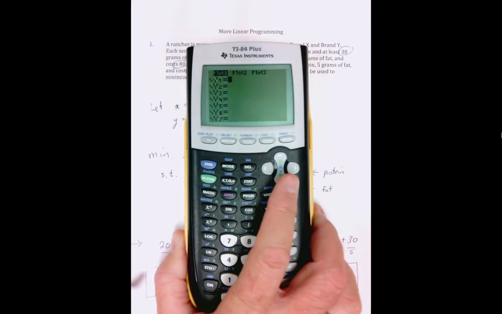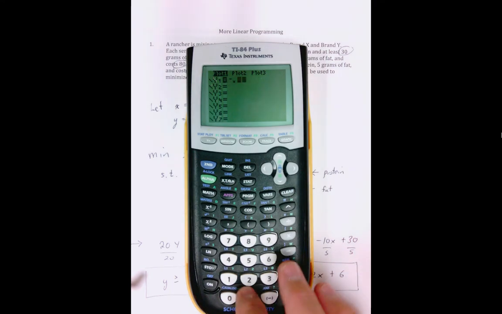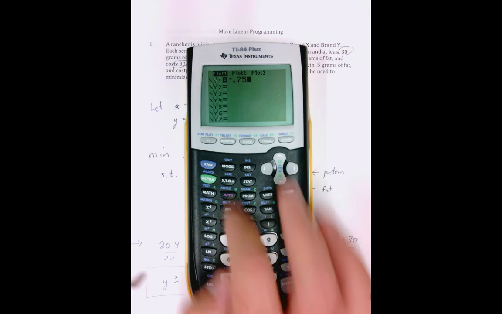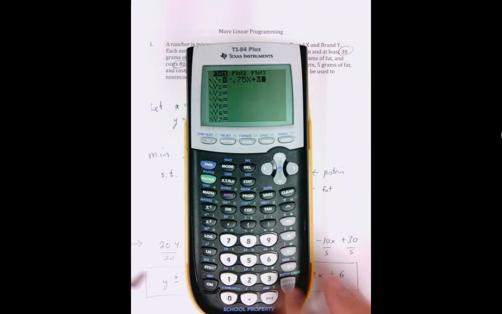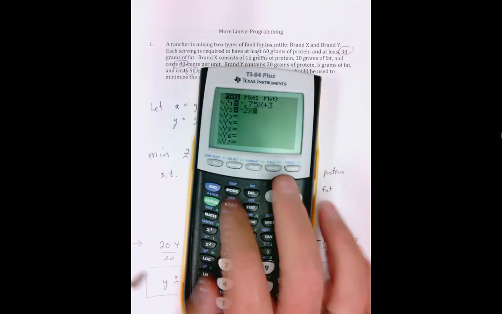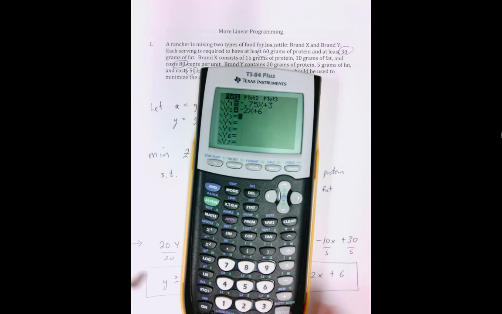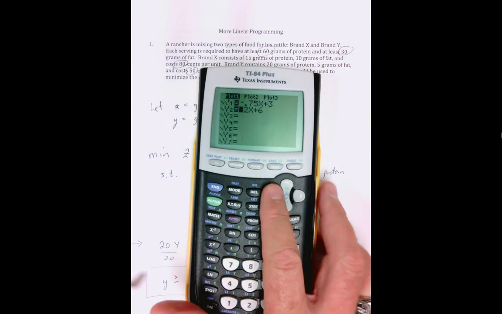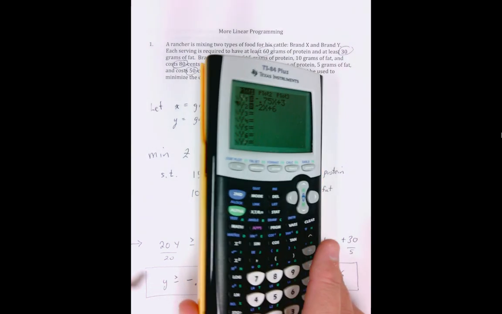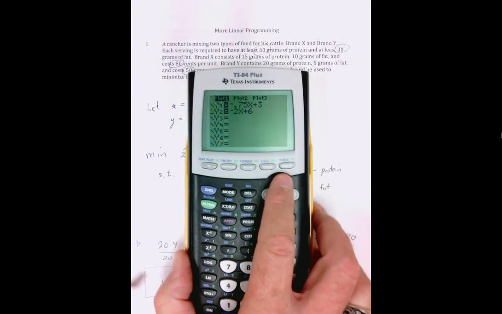Negative 0.75x plus 3, and negative 2x plus 6. Now I've got to change up my inequality. I actually want greater than in both of these, don't I?